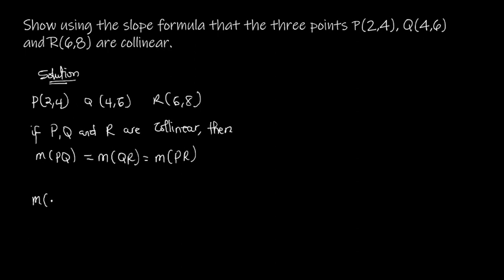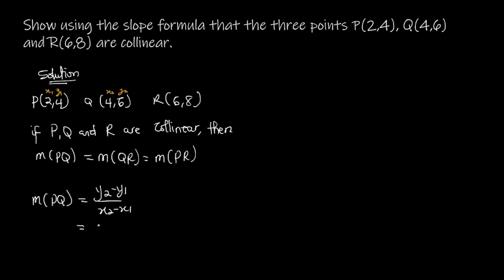So the gradient of PQ will be equal to y2 minus y1 on x2 minus x1. So let me label my coordinates. Since P is my first point, it becomes my x1, y1. This is my x2, y2.